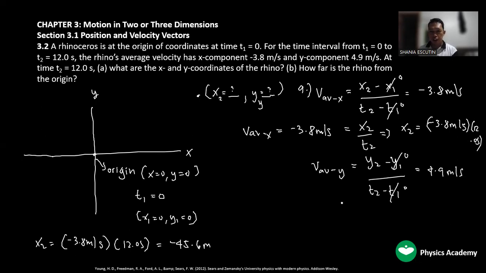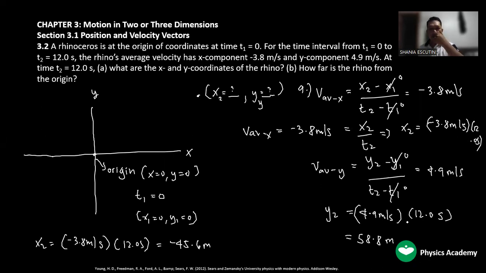We're going to use the same method. It implies that our y2 is equal to 4.9 meters per second multiplied by 12.0 seconds. So 4.9 times 12 gives us positive 58.8 meters.